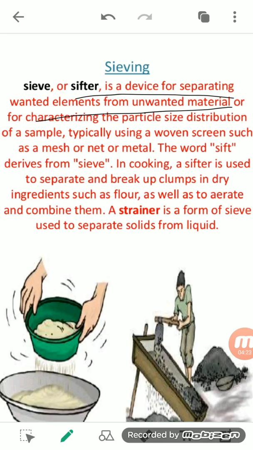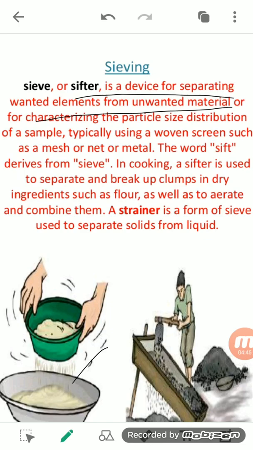Now a very good example is flour. The flour is sieved to separate the bran, which is present in the flour. By this we can separate it and use it properly. And why is it so? The particles of the flour are very small as compared to the bran.